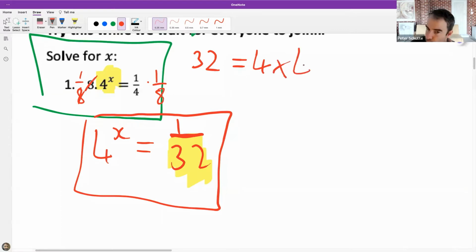So if I go 4 times 4, I get 16. And then if I multiply by 4, it's too big. So I have to be a bit sneaky. I think what I'm going to do is I'm going to write 32 as a power of 2.